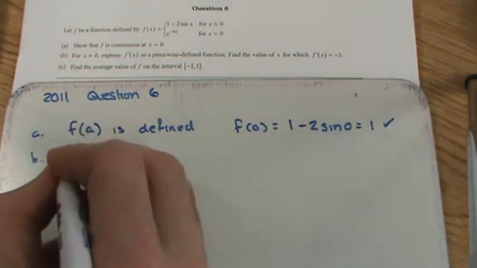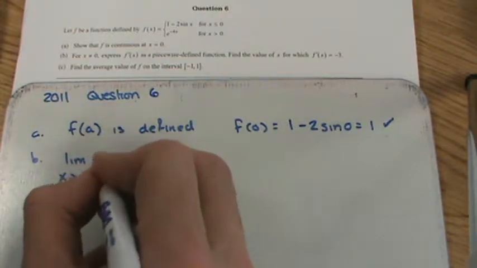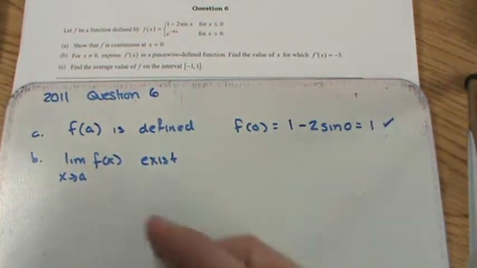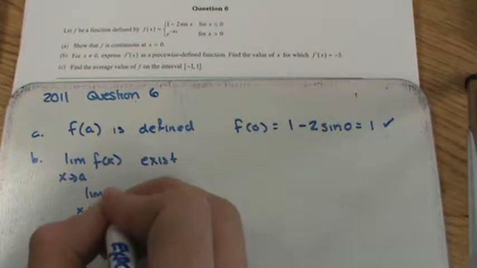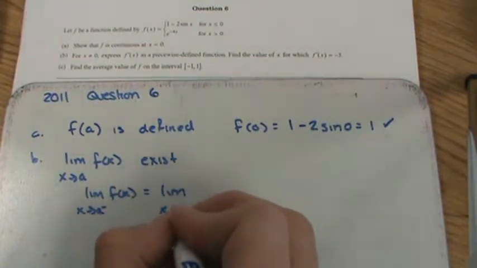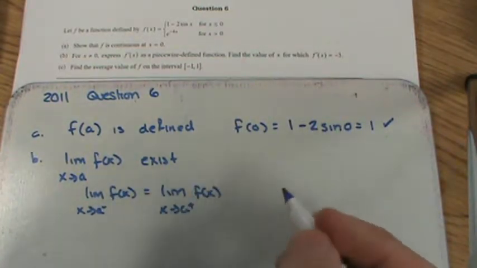Part B, that means the next part is the limit as x approaches a of f of x exists. Well, in order for a limit to exist, you got to remember that the limit as x approaches a from the left has to equal the limit as x approaches a from the right. So we got to check both of these limits here.